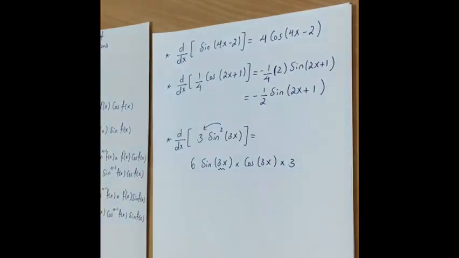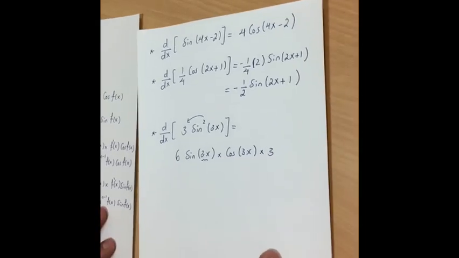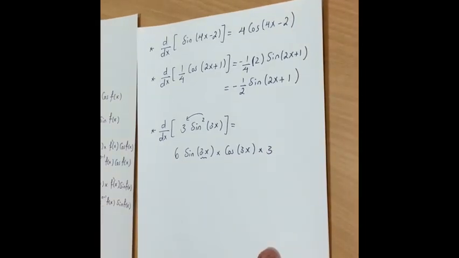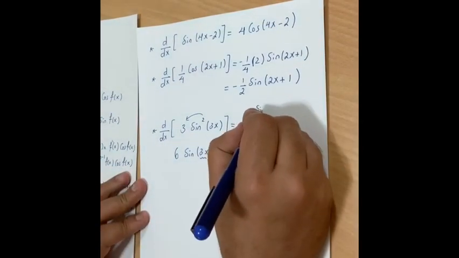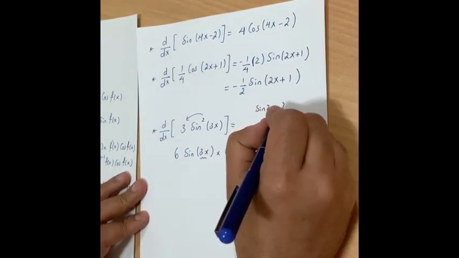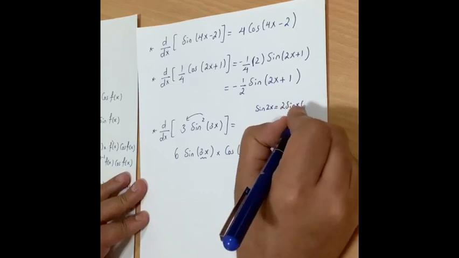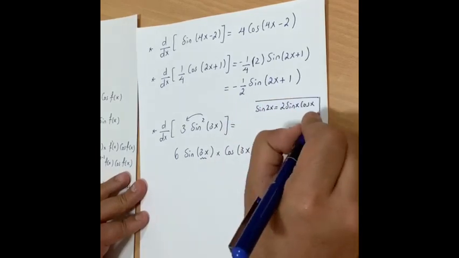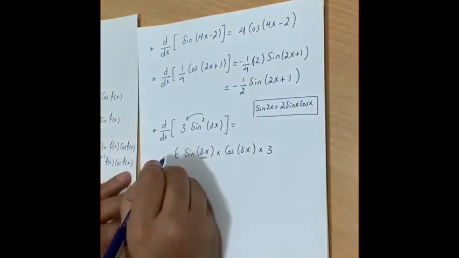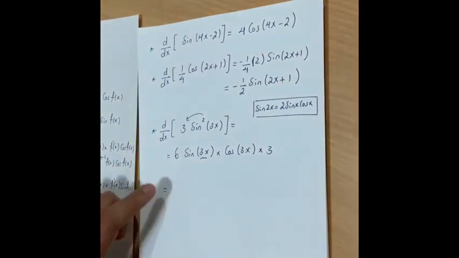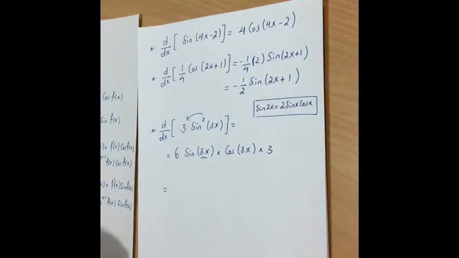Good. Now I'll just remind you of what we did in semester 1 in trigonometry. If you remember, we had sine of the double angle. Sine of 2x is 2 sine x cosine x. We can apply this here. So we're going to split the 6 into 2 parts, 2 times 3.